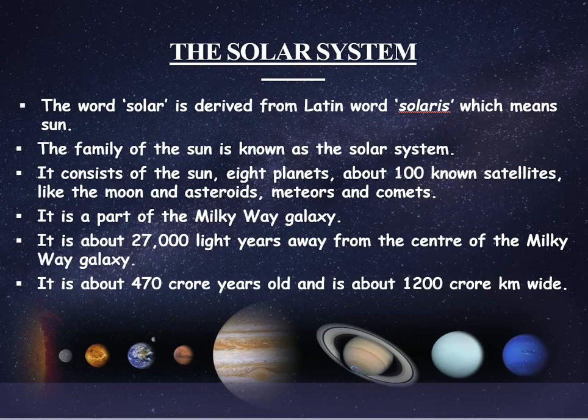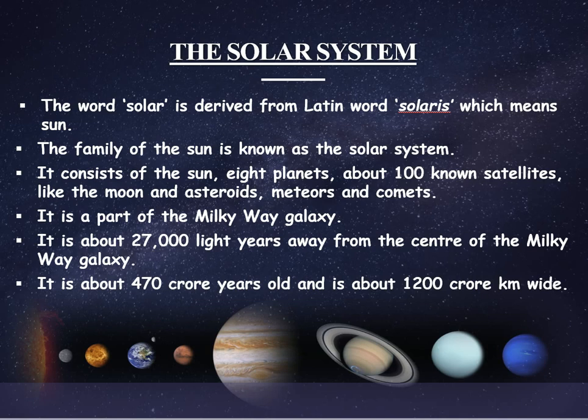The next topic which we are going to discuss is the solar system. The word solar is derived from the Latin word solaris, which means sun. The family of the sun is known as the solar system. It consists of the sun, 8 planets, about 100 known satellites like the moon, and asteroids, meteors and comets.